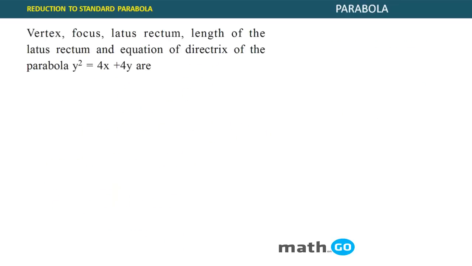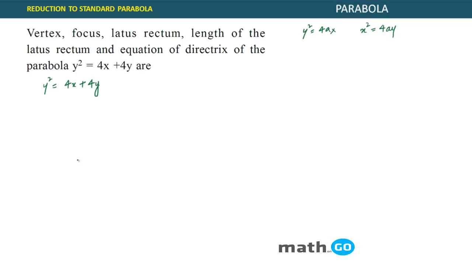Okay, now the next topic is reduction to the standard parabola, and this is one of the very important topics. Now we know that the standard form is something of this sort, where there is a single term of y and a single term of x, either quadratic in y or quadratic in x. But what is given to you here is y square equal to 4x plus 4y also.